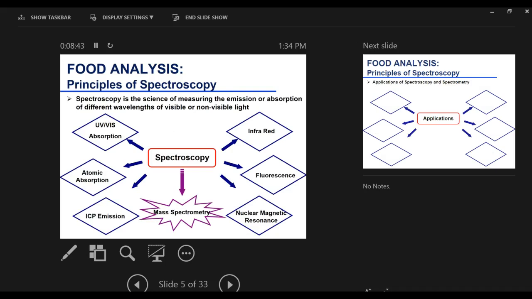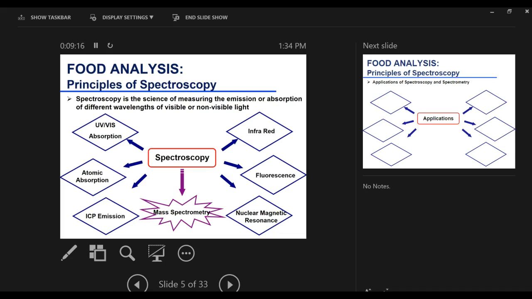Based on the different waves, interactions and species, we have different types of spectroscopy. We're going to learn about UV-vis absorption spectroscopy, and about emission fluorescence. So absorption, fluorescence in the UV-vis range, and then infrared.